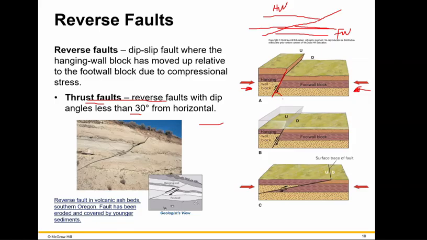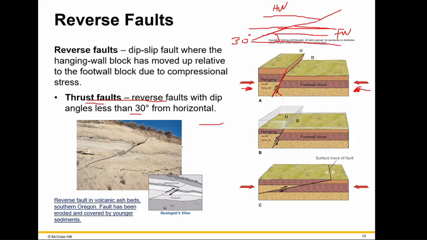So when you have an angle that is 30 degrees or less, that becomes a thrust fault. This is at a high angle, and this is 30 degrees or less. So a thrust fault is a reverse fault that has an angle with the horizontal that is 30 degrees or less.